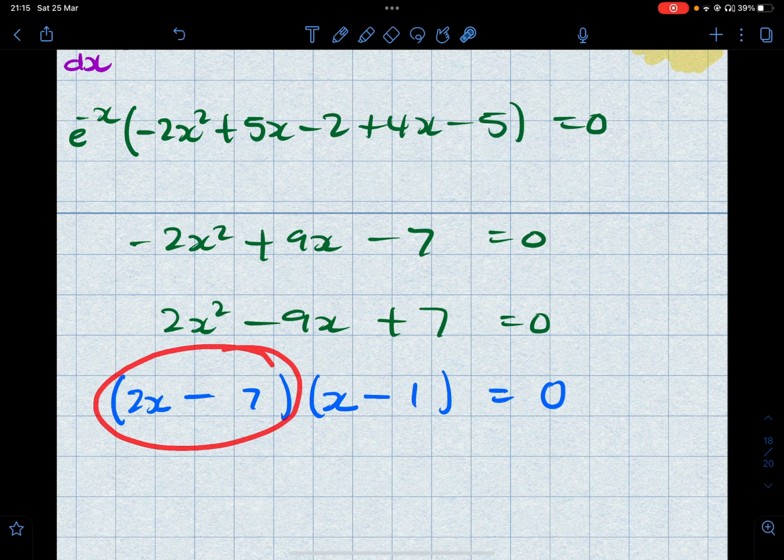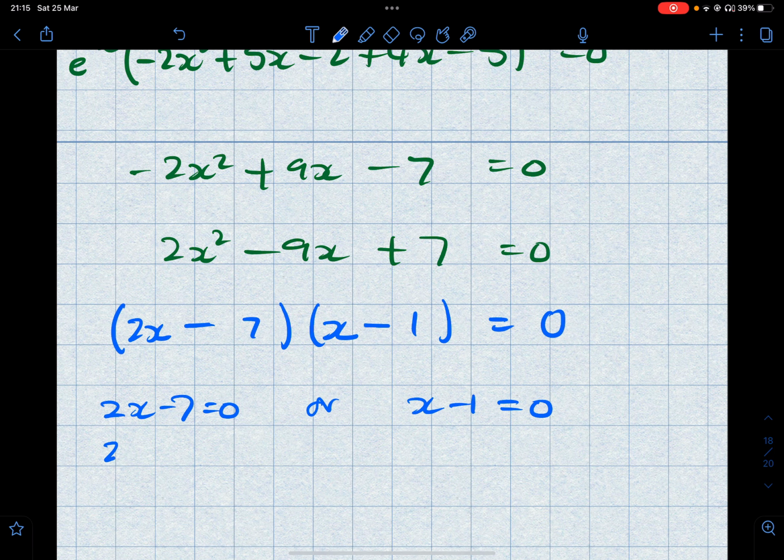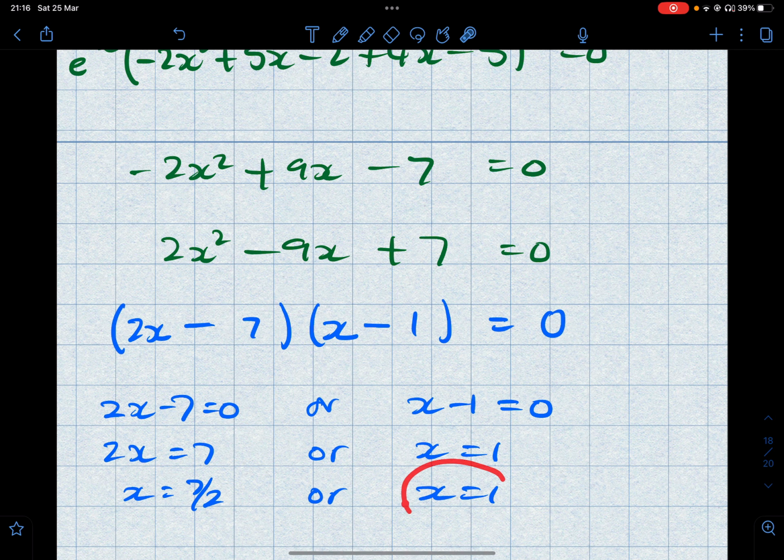Now you've got two factors. When multiplied, they give you 0. That means one of them has to be equal to 0. So you solve each of these, and you end up with two values for x. x equals 1 and x equals 7 over 2.